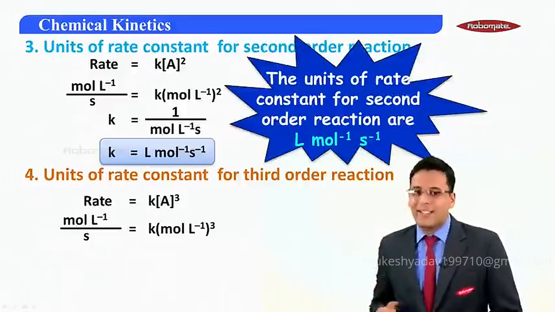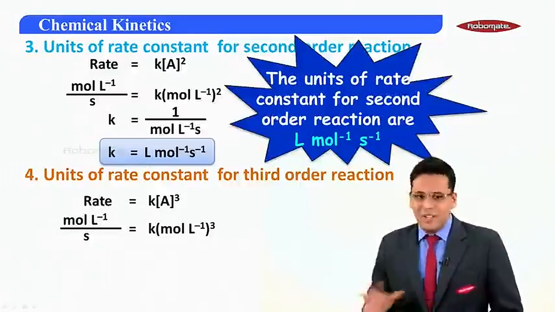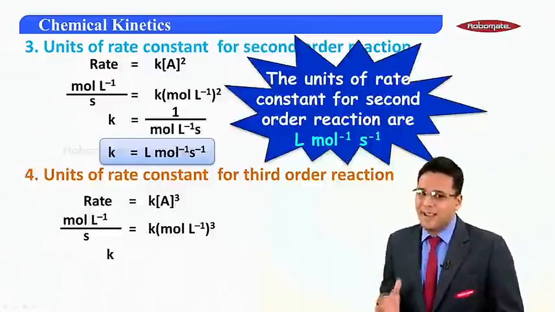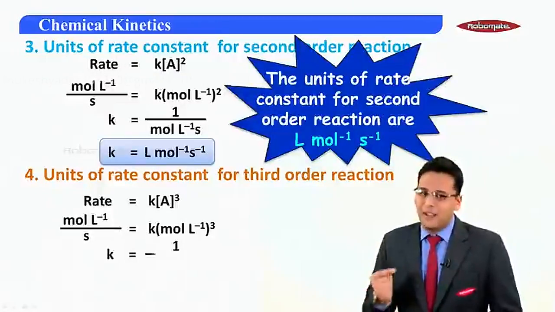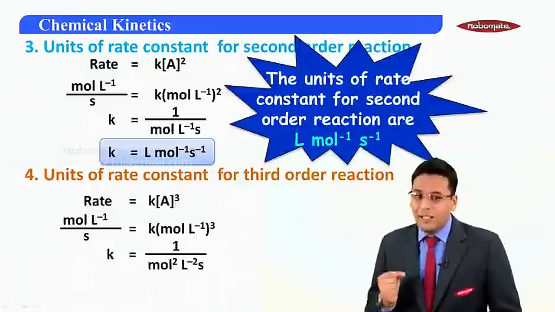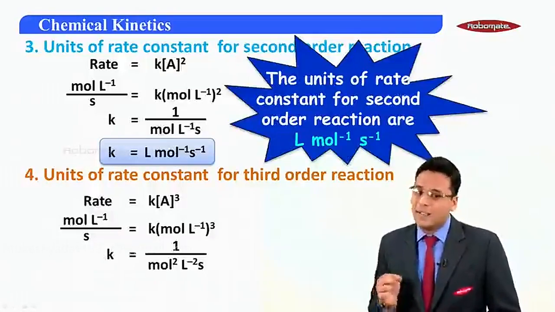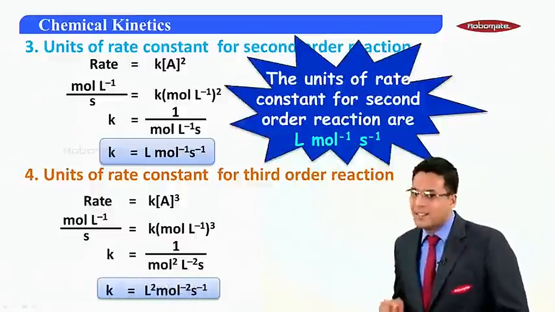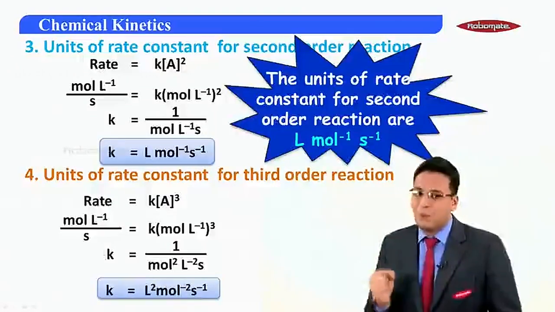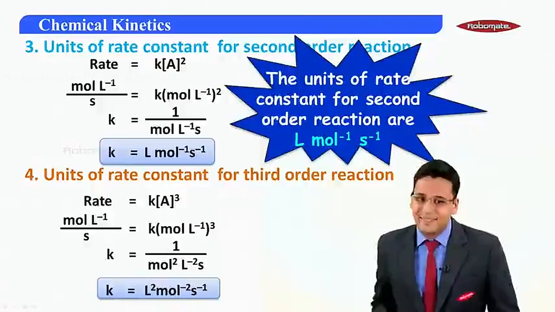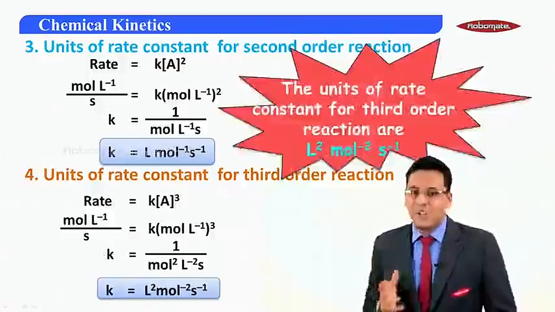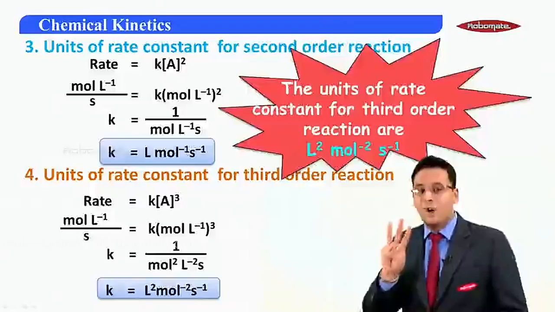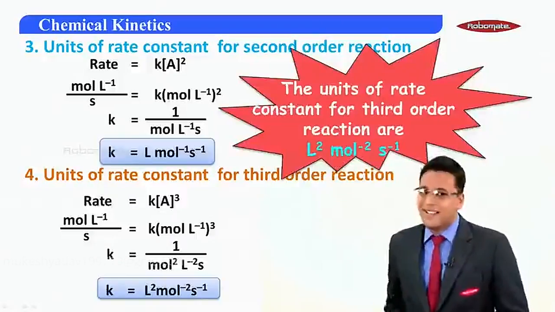Again, cancel out the common terms. Rearrange the equation. You will get K is equal to 1 upon mole per liter whole square into second. And this can be rearranged as liter square per mole square per second. So I can say the unit of rate constant for a third order reaction is liter square per mole square per second.